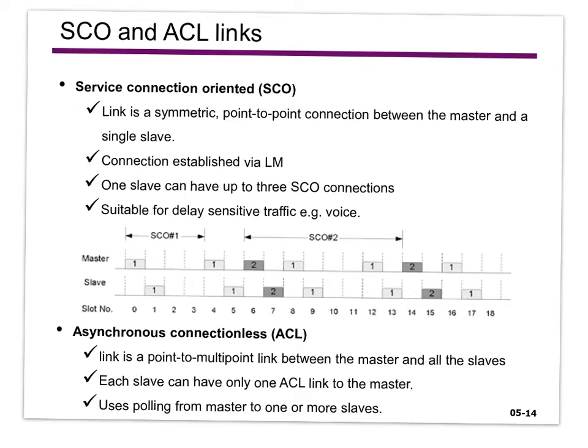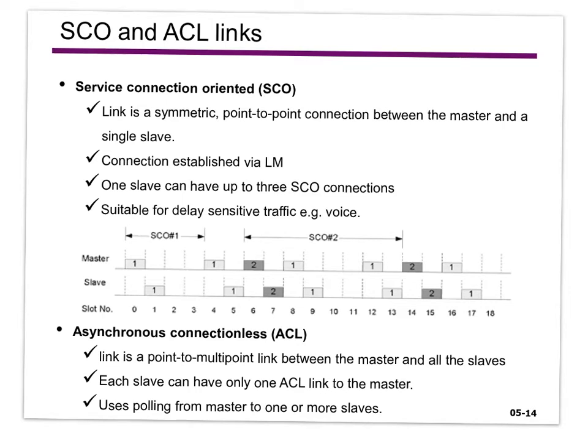So it's point to point. For SCO, it's always point to point, one slave to one master. And it's bidirectional, a bidirectional communication between one master and one slave. We establish a connection before we start communication.